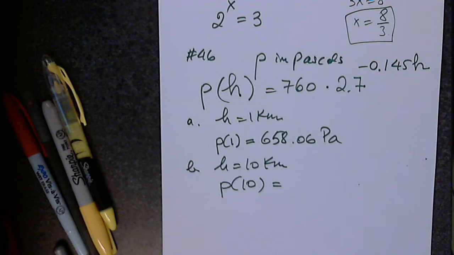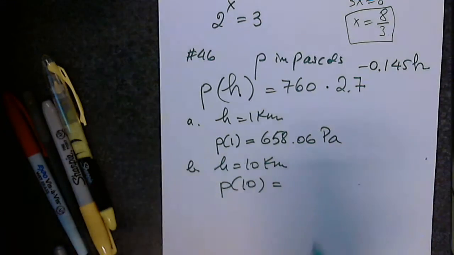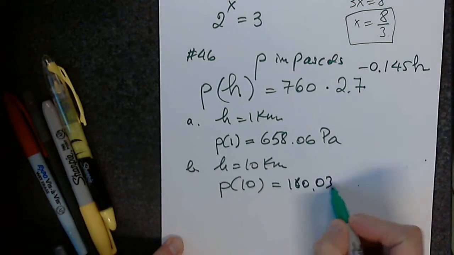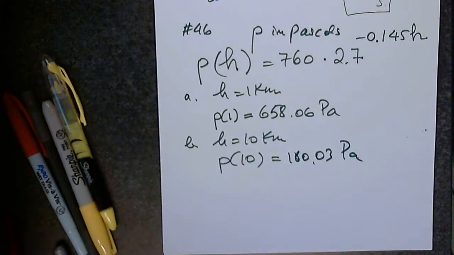I go back to the graphing calculator. I recall what I had with second and entry, and I just multiply by 10 and close the parenthesis. So of course, as we go higher, the atmospheric pressure is lower. So 180.03 pascals.